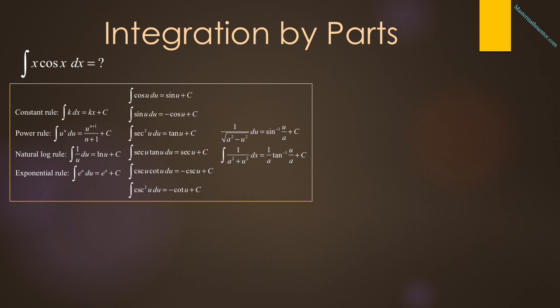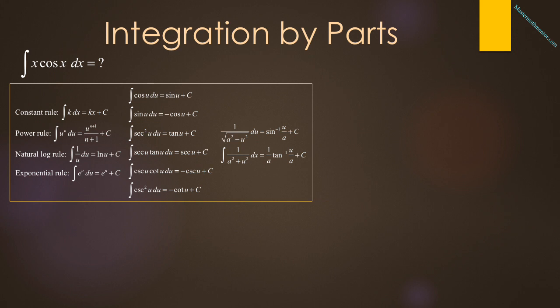Suppose we were asked to find the integral of x cosine x dx. We take a look at all the rules that we learned in AB calculus. We had the constant rule, the power rule, the natural log rule, and the exponential rule. And x cosine x certainly does not fit any of them.